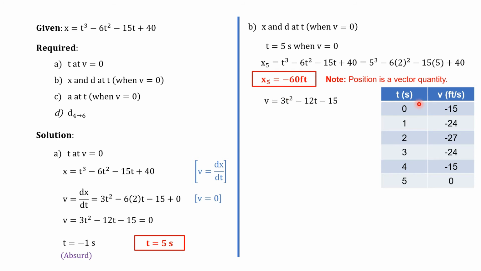Okay, so isa-isahon na to siya substitute. We will be able to obtain kaning value sa second column sa velocity. And these are the values.